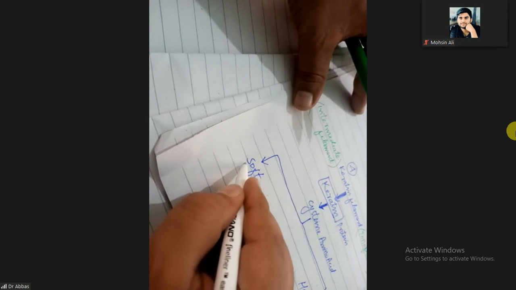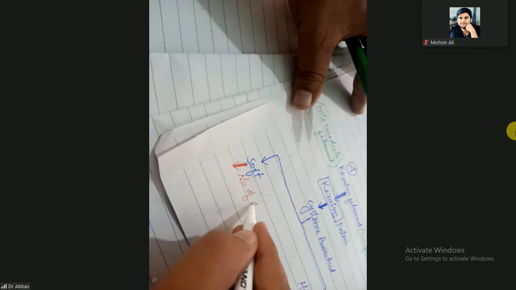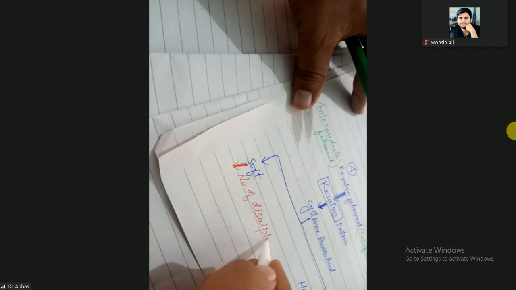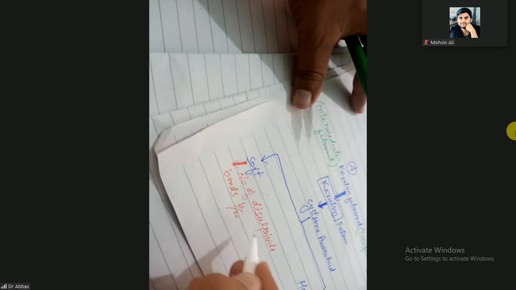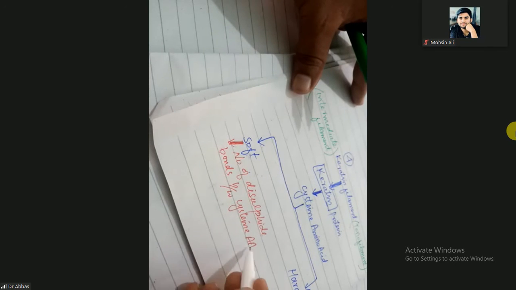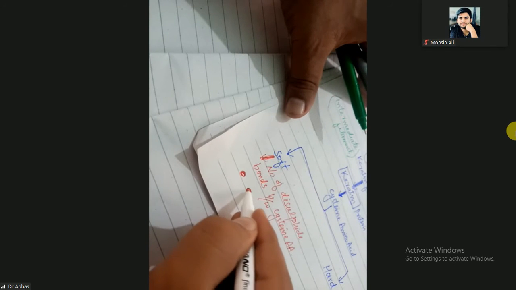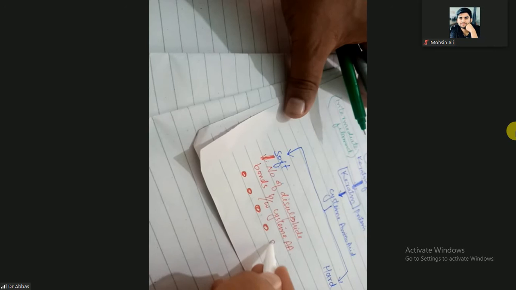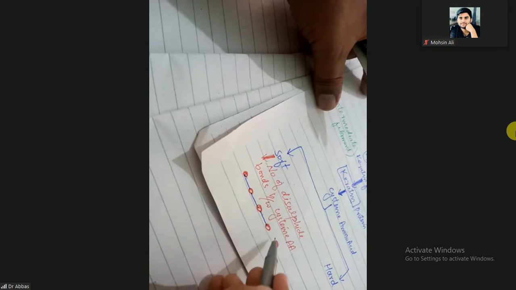When there is a decreased number of disulfide bonds between cysteine amino acids, one cysteine, another cysteine, and so on, and the bond between them is the disulfide bond, it is less.